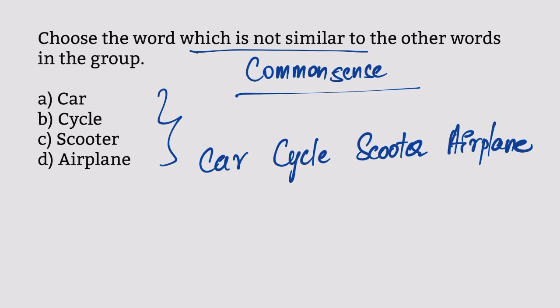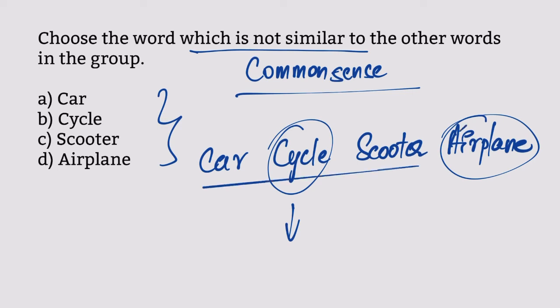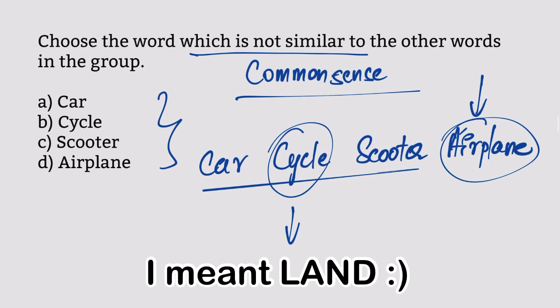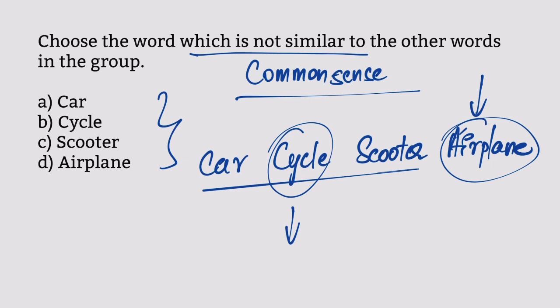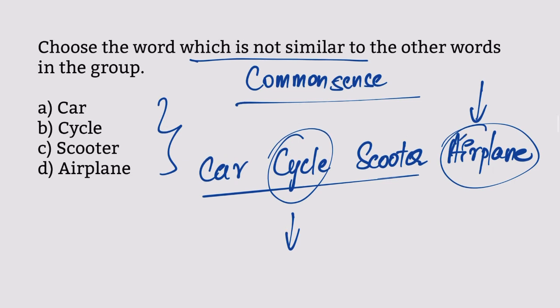So now I can easily select either cycle or aeroplane. These are the two obvious choices. Why cycle? Because it is the only vehicle here which does not run on any fuel. And why aeroplane? Because the other three run on earth, whereas this one is used for air travel. So I can go with either cycle or aeroplane.